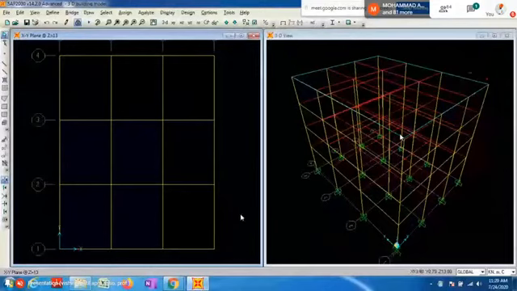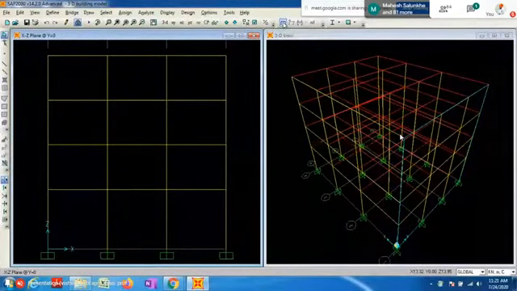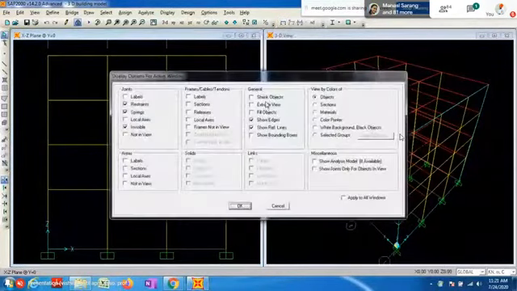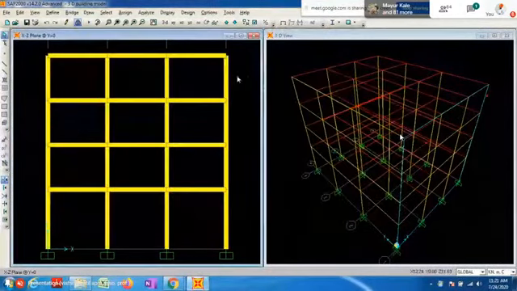Now how is it changed? Shortly I will show how to change the orientation. Okay, so this is a column. Suppose you want to change the orientation of this, then select this particular column completely.